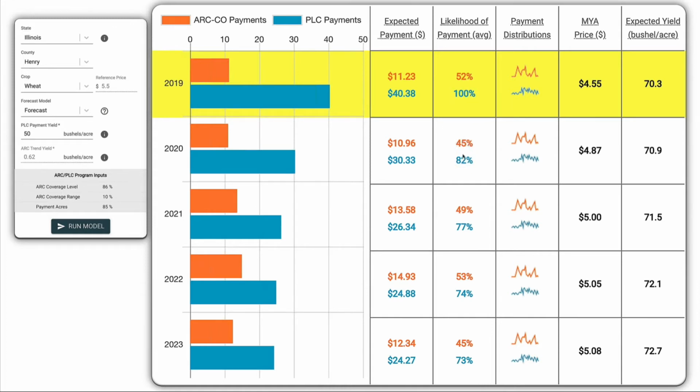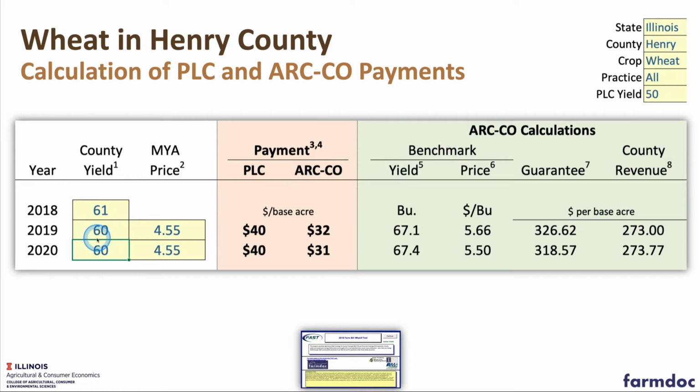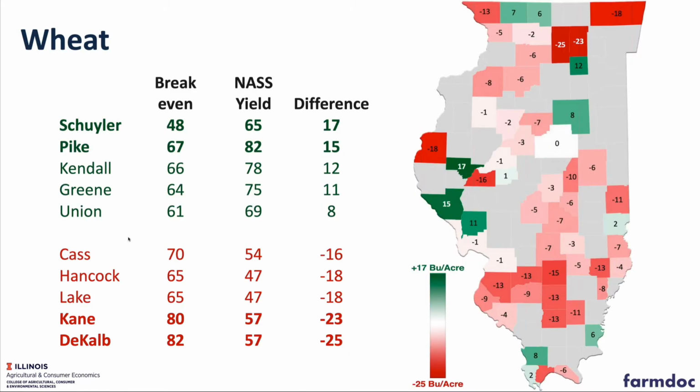Given that, we also looked at wheat payments and looked at those break-evens. Here, there are wheat county yields released already. Some of these counties, you see the counties listed here, the break-even yield is below what NASS is reporting as the yield, so there would not be an ARC County payment.